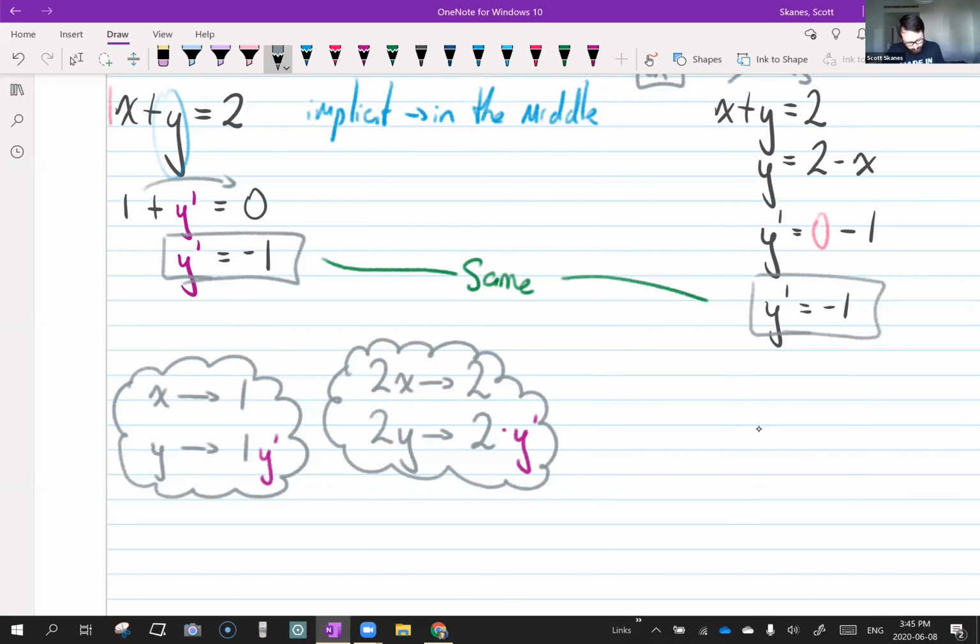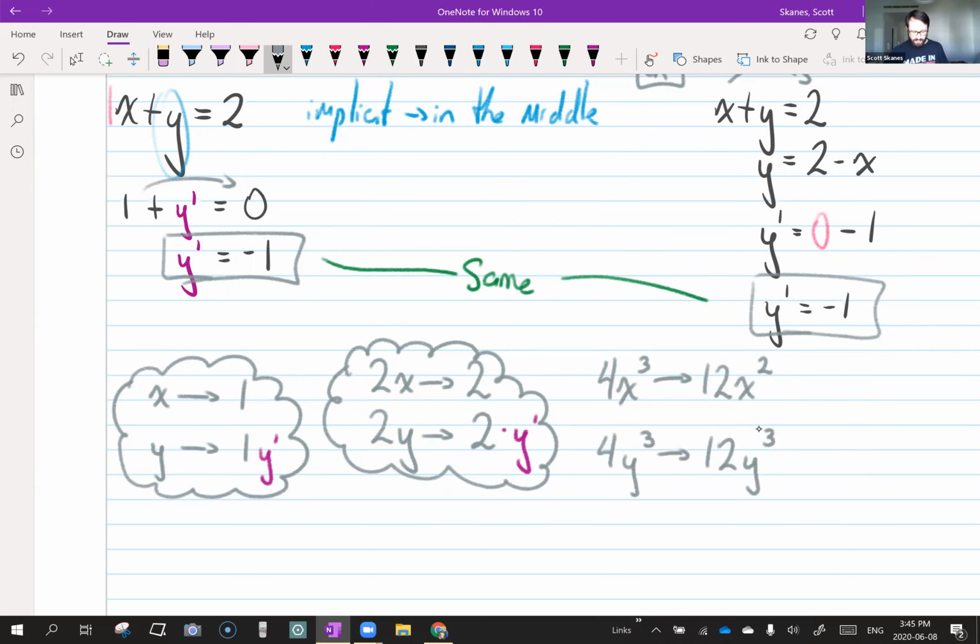What if you had 4x cubed? What would be the derivative of that? When you bring the 3 down, multiply, it becomes 12x to the power of 2. Hopefully we're all following. If this was y, if it was 4y cubed, the 3 comes down, becomes 12y squared, and then y prime.